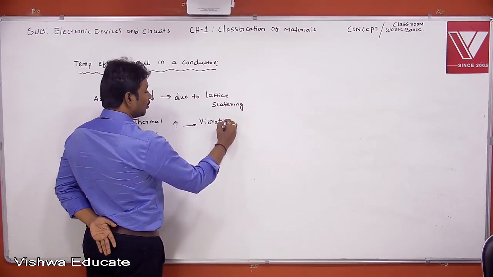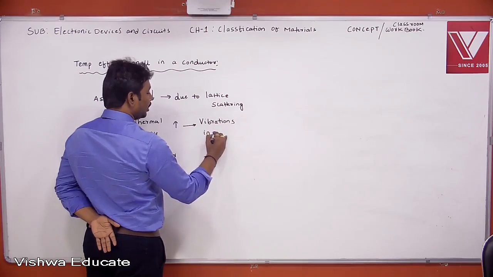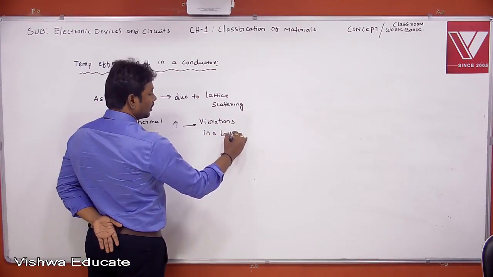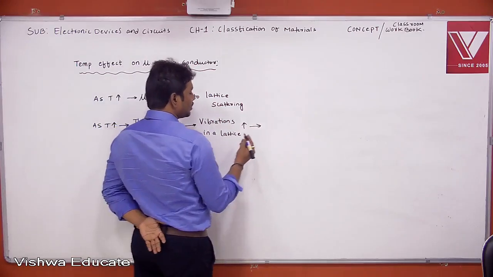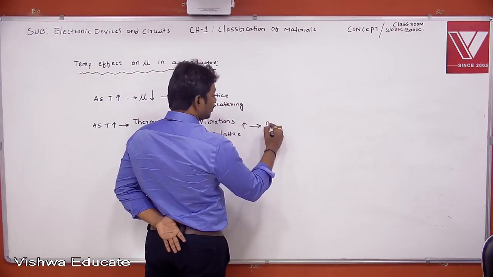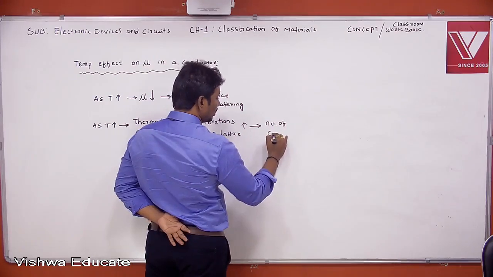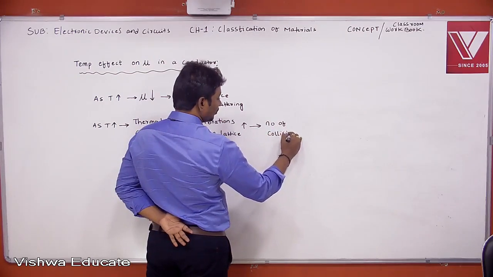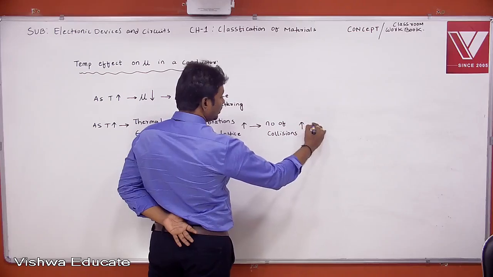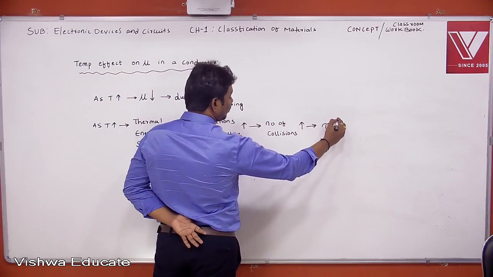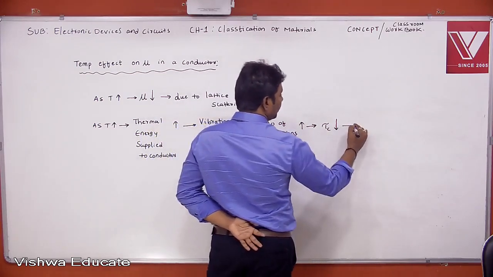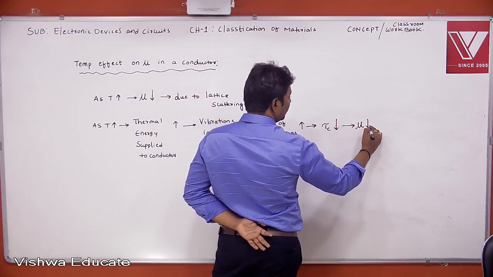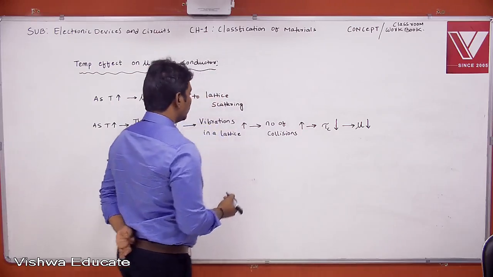Vibrations in a lattice are increased, right? If vibrations in a lattice are increased, what about the chance of collisions? The chance of collisions increases. If the chance of collisions increases, what about the mean time? The mean time is decreased. If the mean time is decreased, what about the mobility here? Decreased. The mobility is decreased.